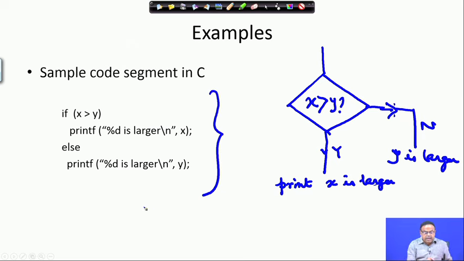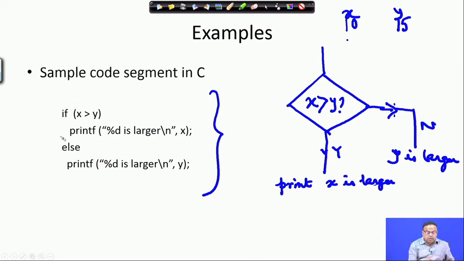Here you see, this part we have not discussed, but it is very intuitive, you can understand. If x is greater than y, I print dash is larger, then what will come here? The value of x. So, say x is 10 and y is 15, then what will be printed here? 10 is not greater than 15.